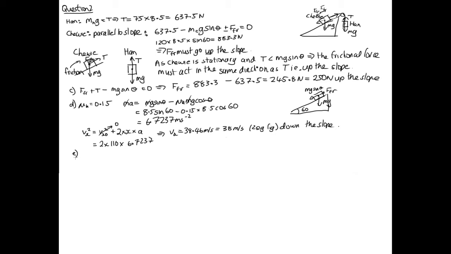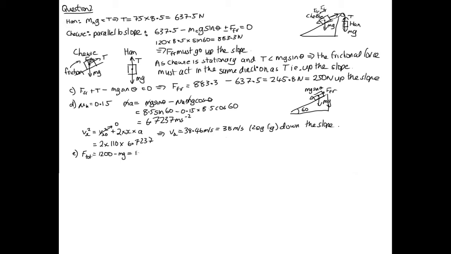Okay, so we're on to part E. Now, in this part, we're told that there's a reflector shield that applies an average force of 1,200 newtons upwards on Han as he comes to rest. So we should work out the total force acting on Han. He's going to have the 1,200 newtons acting upwards, but then he's also going to have the weight force acting downwards.